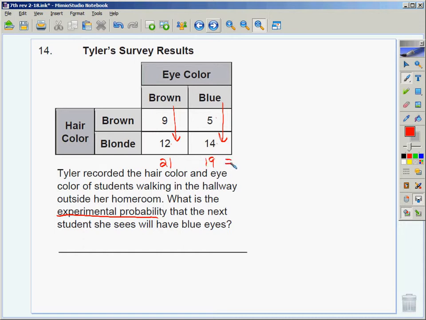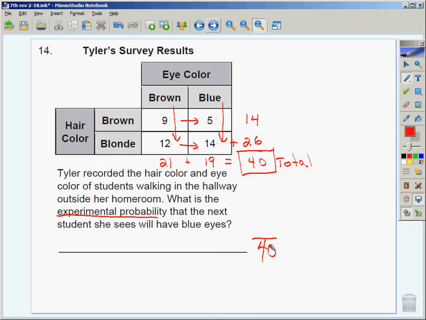And I can add these 2 together to find out that there was a total of 40 people that went past. Even if I look at it going this way, 9 and 5 is 14. 12 and 14 is 26. If I add them up going this way, I can see that my total number of people that I was taking information on was 40.